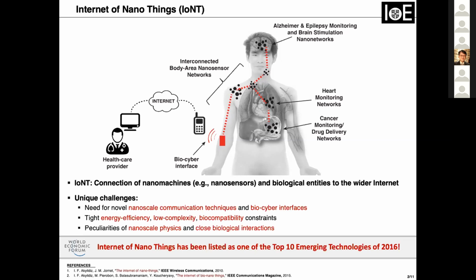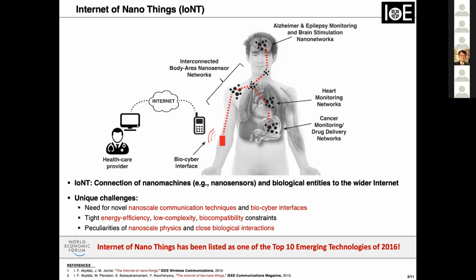To enable those IoNT applications, we need to overcome several challenges. We need to devise new communication methods because the electromagnetic ones do not perform well at nanoscale. We need to devise new biocyber interfaces to connect those nano networks to the wider internet.